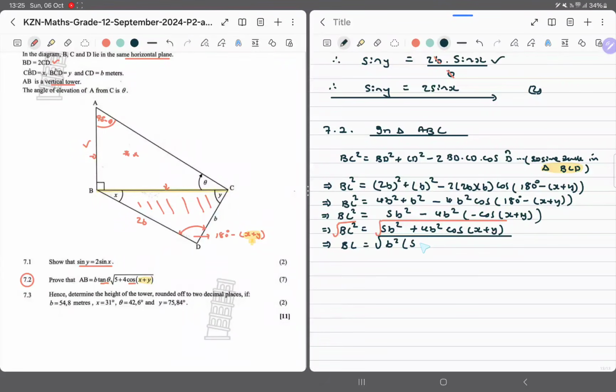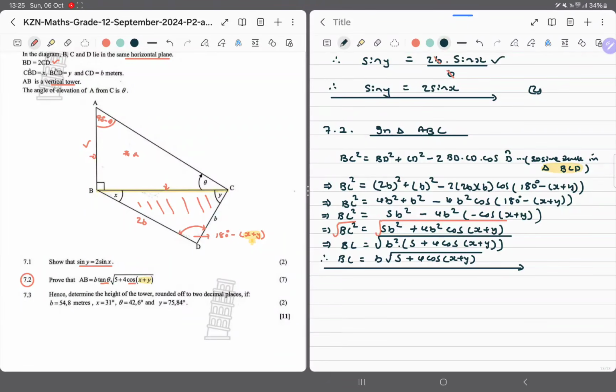Now what is left inside is 5 plus 4 cos x plus y. Nice and easy. Now we do the final gymnastic. We know that the square root of B squared, remember once you multiply, that B comes out, but now this one is irrational at the moment, so we take it out as it is. 5 plus 4 cos of x plus y.